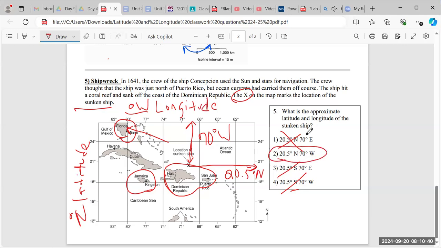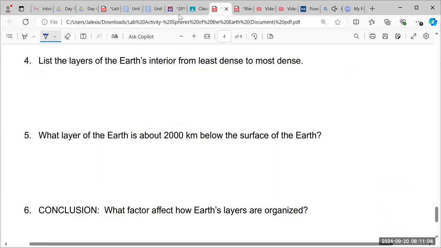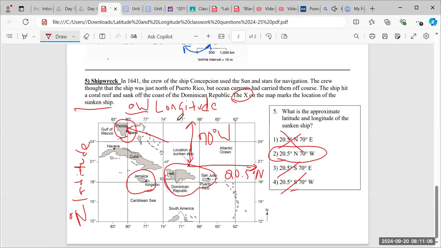The main thing about this problem is that you just need to know where this location is in the world. That's why background information and familiar landmarks are important. I can go to page 4 and find out where we are talking about in the world. All right, so that's the answer.